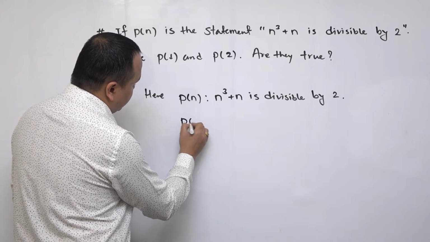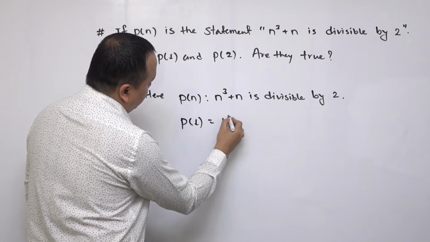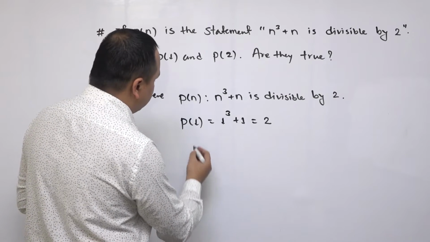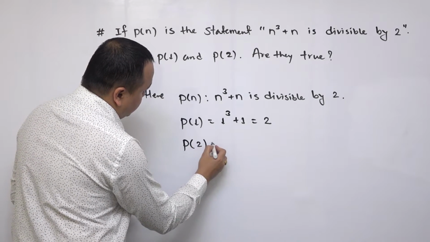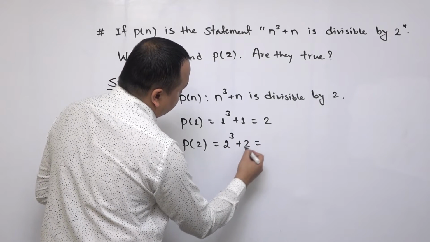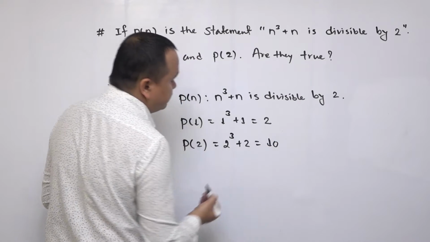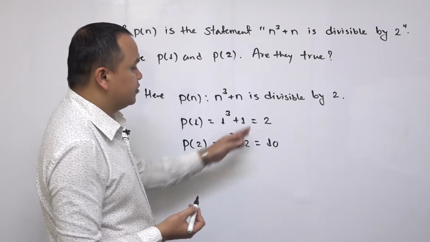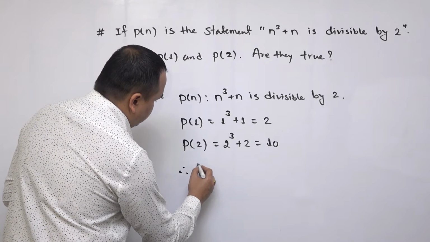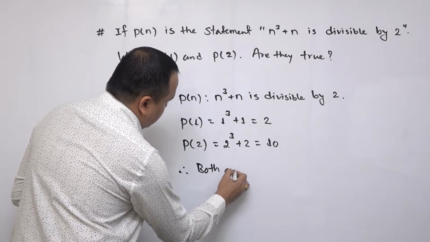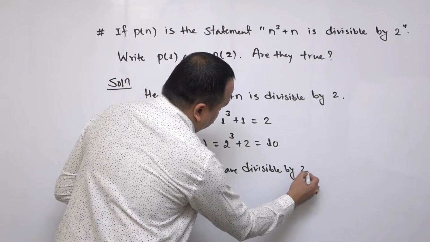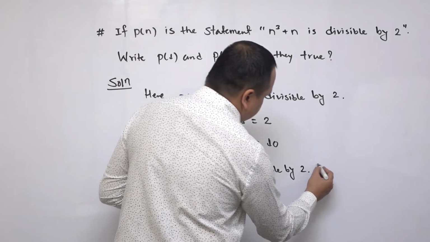P1 is 1 cube plus 1, which is 2. Similarly, P2 is 2 cube plus 2, which is 8 plus 2, that is 10. Both are divisible by 2. So, therefore, they are true.